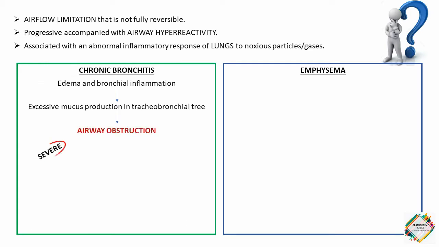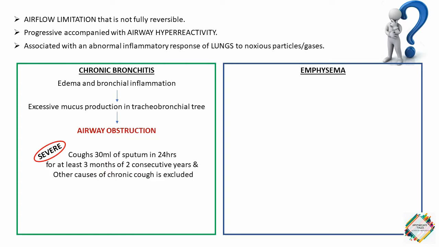In the most severe cases, the patient will cough up about 30 ml of sputum in 24 hours for at least 3 months of 2 consecutive years, and other causes of chronic cough are excluded.